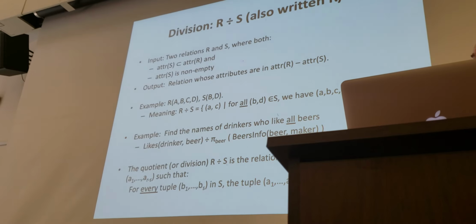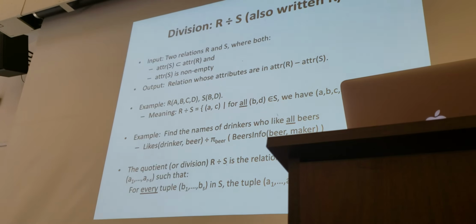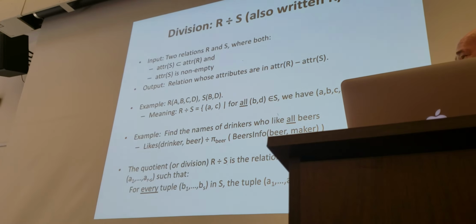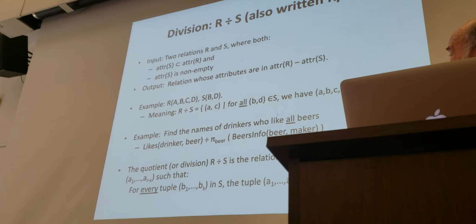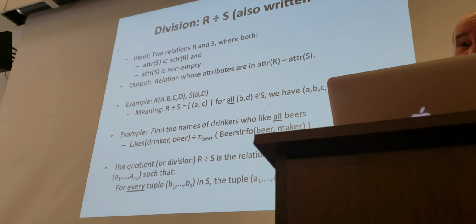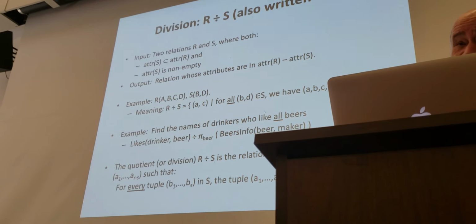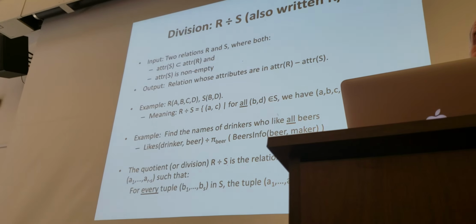So suppose I have a table likes of drinker, beer. I have a table beers info, which gives me the beers and their manufacturers or makers. But I don't want to divide by the beers and makers. The maker isn't part of likes, so I can't divide by beers info. But what I can do is take the projection of beers info only on beer. That way I get a single attribute relation whose only attribute is beer. So I have the list of all the beers that I know about.